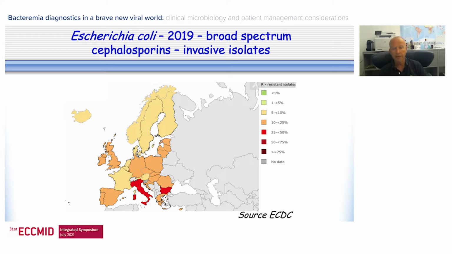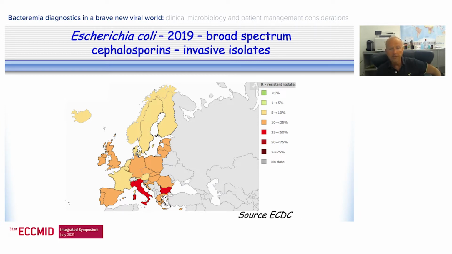The first slide, sourced from the ECDC, is related to E. coli. In 2019, resistance to broad-spectrum cephalosporins within isolates recovered from different infections is represented here. As you may see, the highest rates are in Italy and Greece, where 25% of isolates are resistant to broad-spectrum cephalosporins.